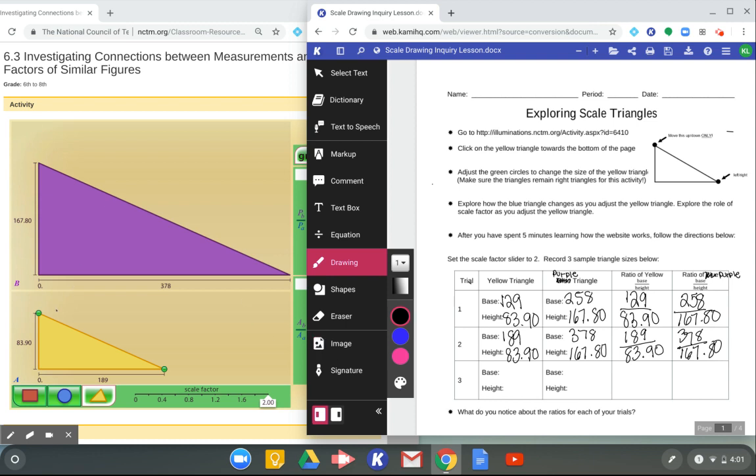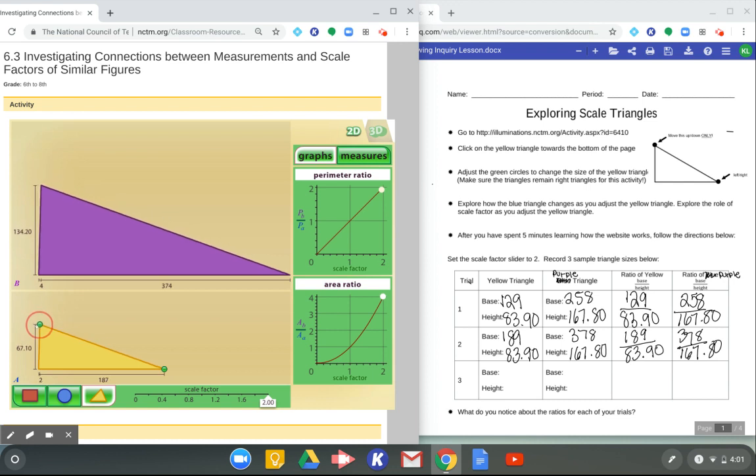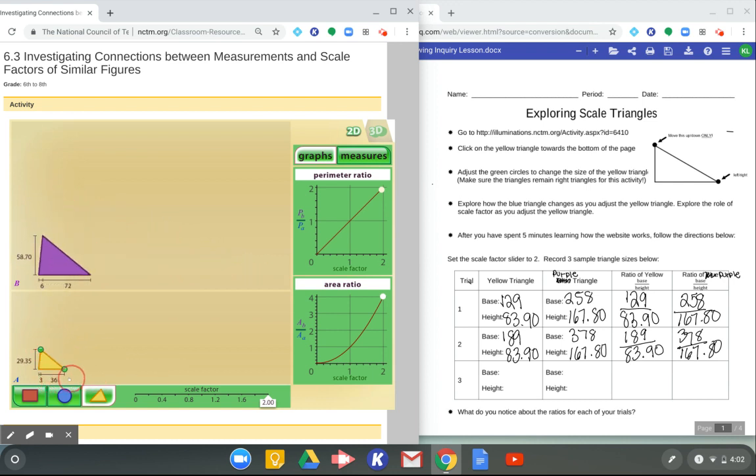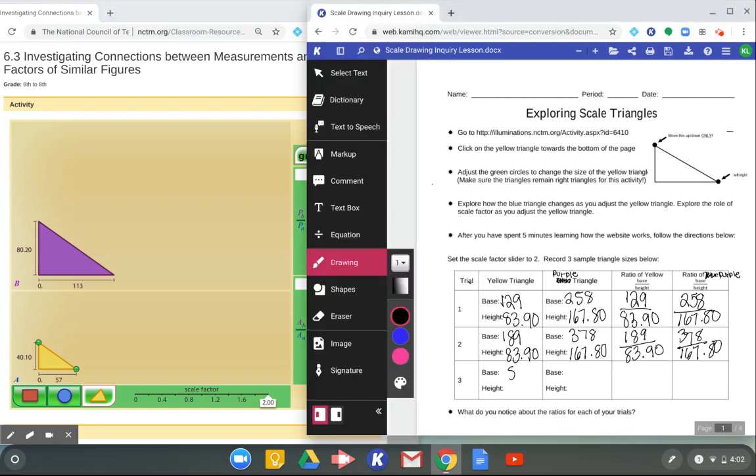Again, I'm going to play around with it again and move this. I'll change the height this time, and I'll change the base. So now I made the yellow triangle have a base of 57 and a height of 40.10.